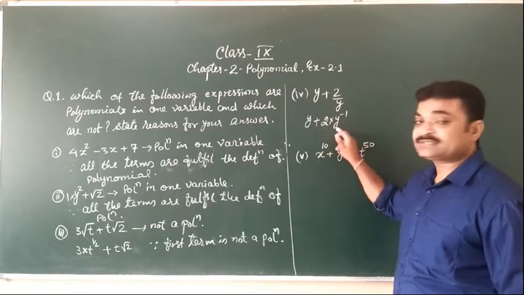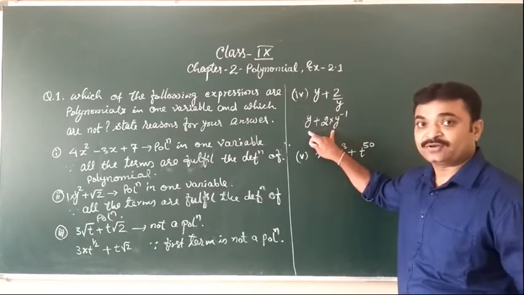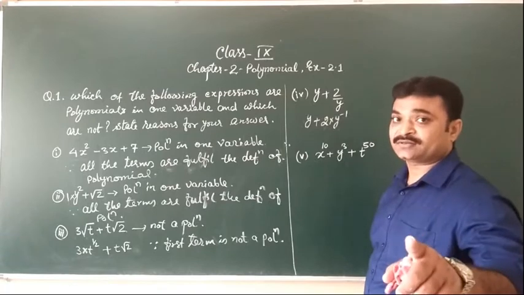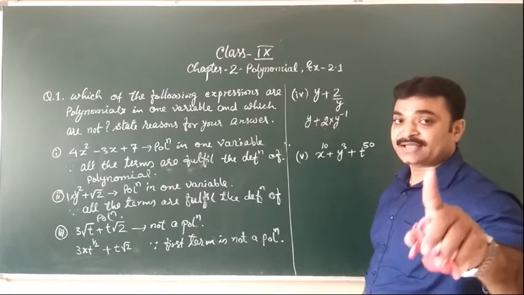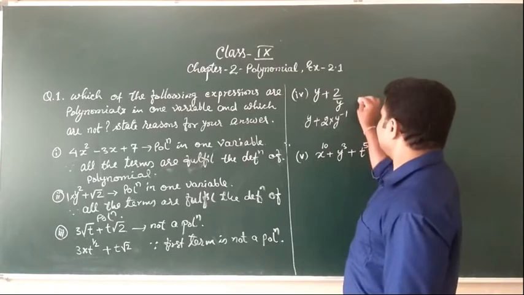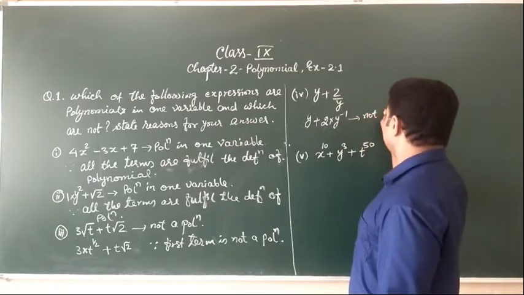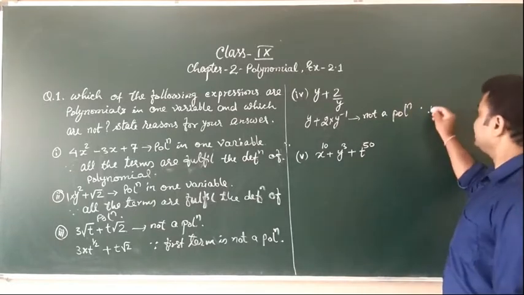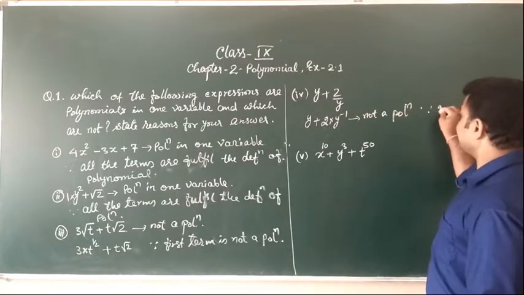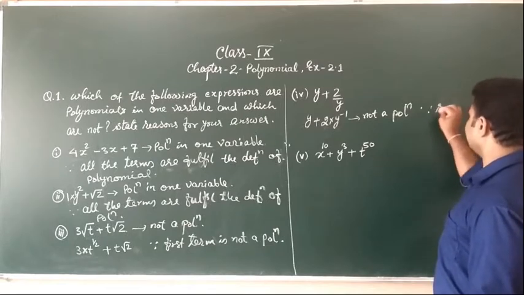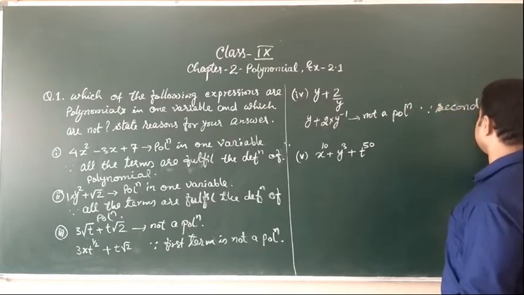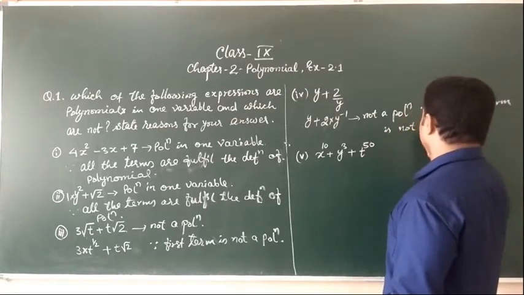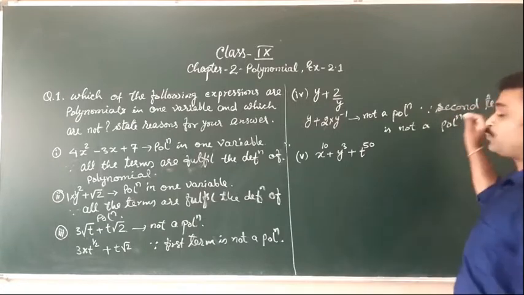That's why the sum of these two terms will not be a polynomial, but it can be a rational expression, an algebraic expression. So here we write not a polynomial, because the second term is not a polynomial.